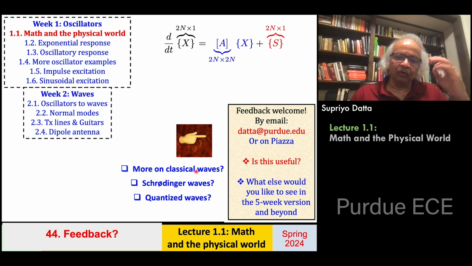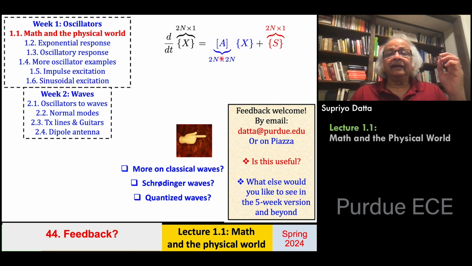Would you like to see more on classical waves? Maybe a little more depth, maybe more different types of waves? Would you like us to talk about Schrodinger waves? The Schrodinger equation that's described as these probability amplitudes? Or would you like to hear more about quantized waves?